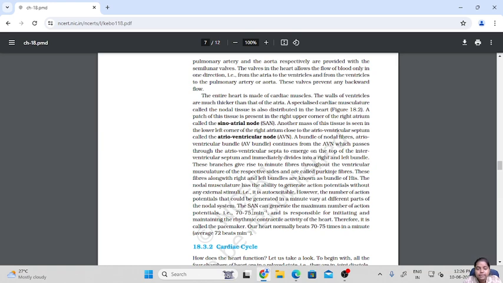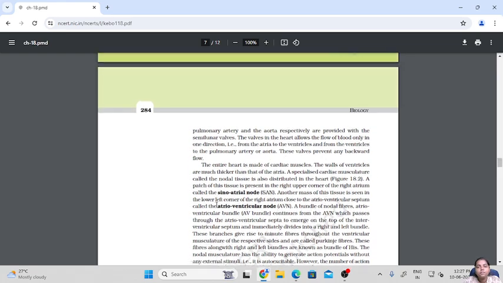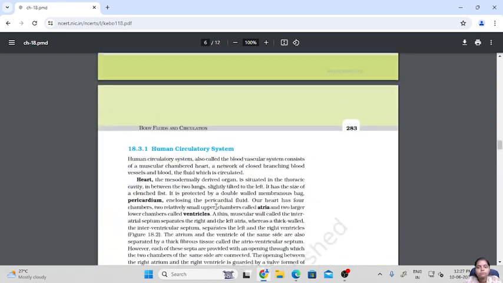The sinoatrial node can generate the maximum number of action potentials, 70 to 75 per minute, and is responsible for initiating and maintaining the rhythmic contractile activity of the heart. Therefore, it is called the pacemaker. A heart normally beats 70 to 75 times in a minute, on average 72 beats per minute.